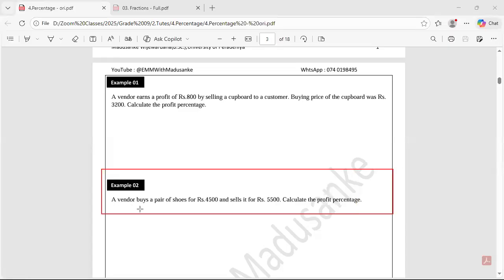A vendor, the most important point that you need to know, a vendor buys a pair of shoes for 4,500 rupees and sells it for 5,500.